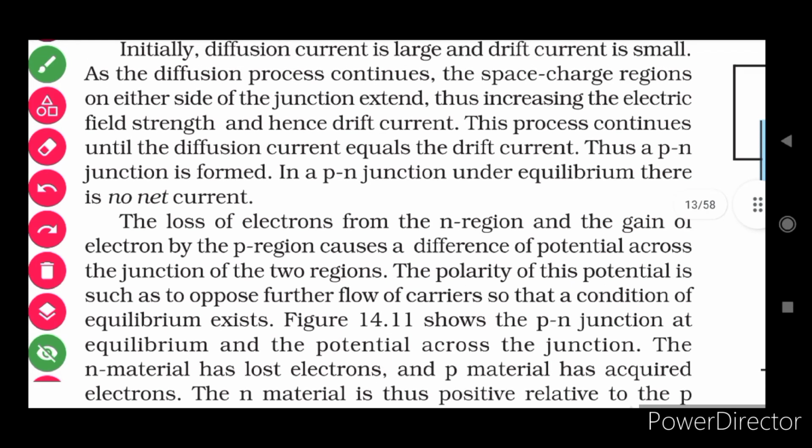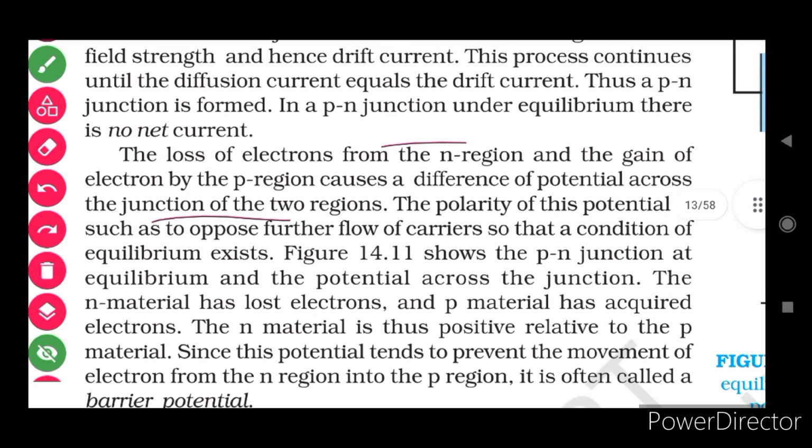This process continues until the diffusion current equals the drift current. Now the equilibrium condition is set in, where the drift current is equal to the diffusion current, and now there is no net current. Okay, now everything has stopped.